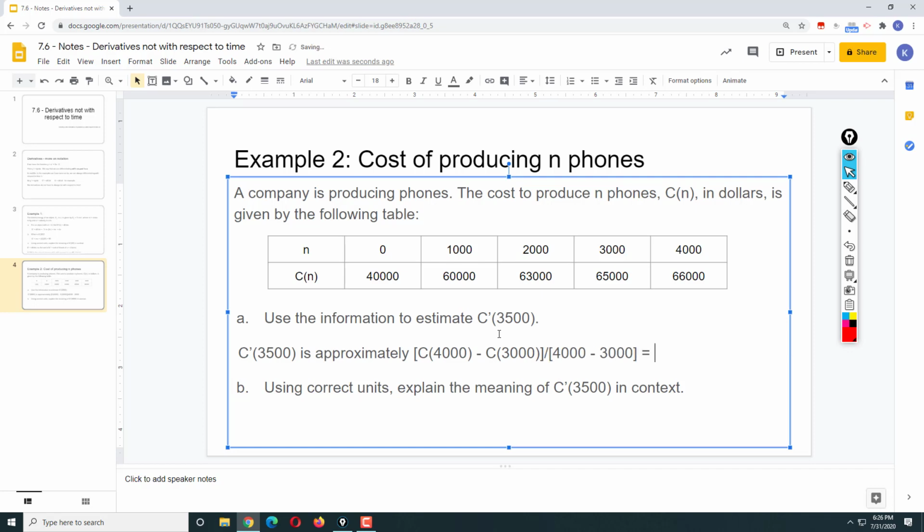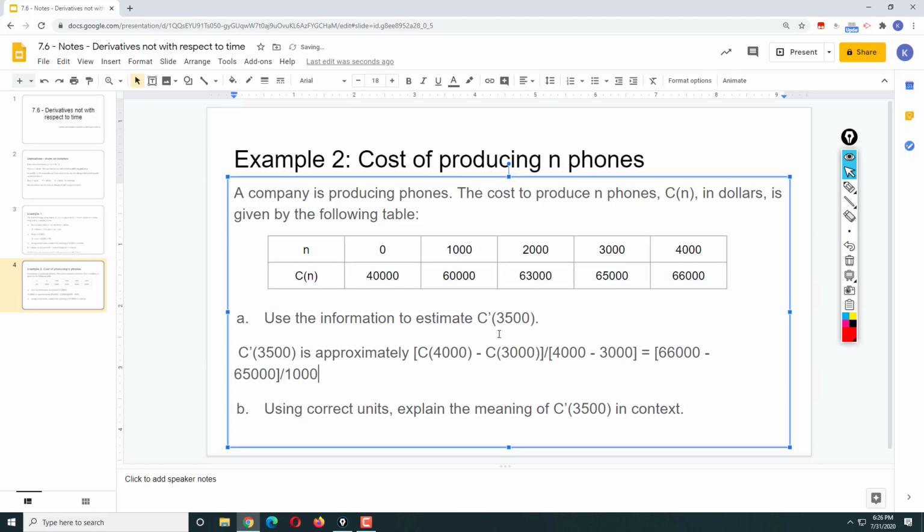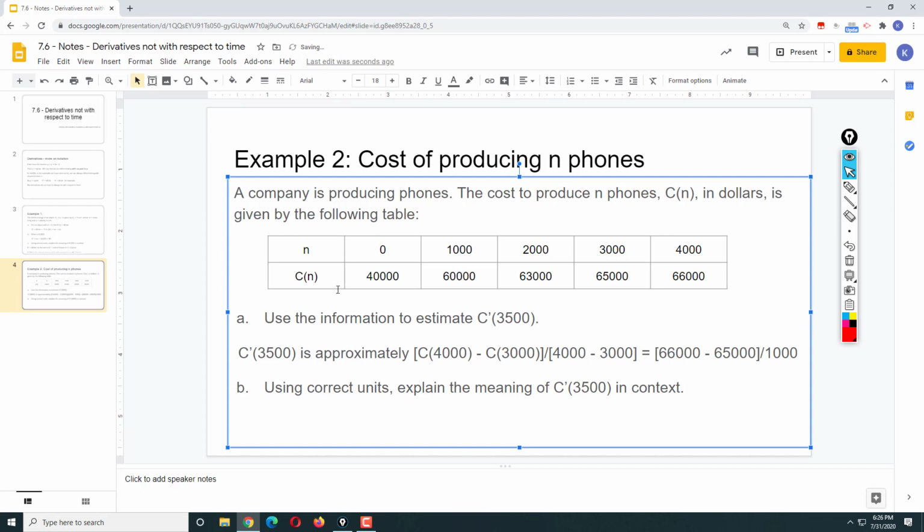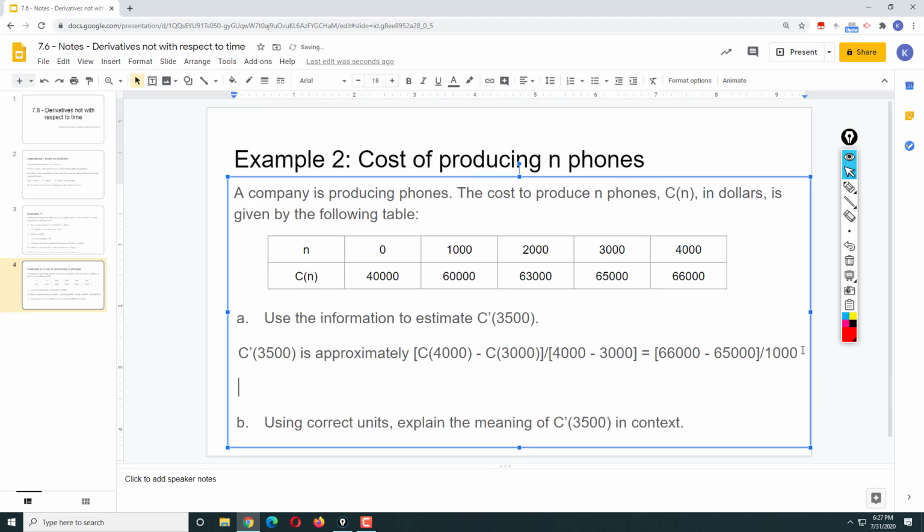So it's equal to 66,000 minus 65,000 divided by 1,000. This is going to equal 1,000 over 1,000, which is equal to 1. As it turns out, C prime of 3,500 is about 1.